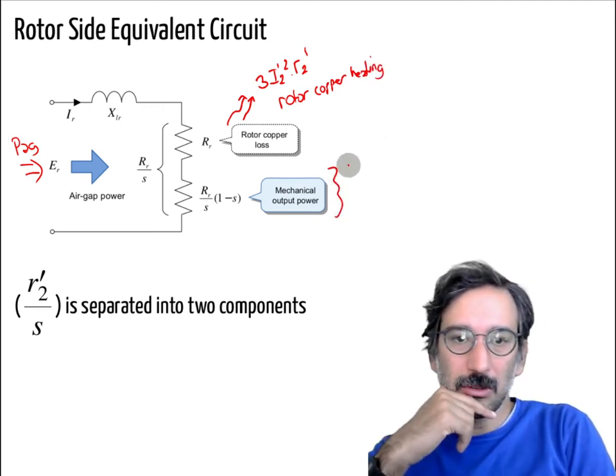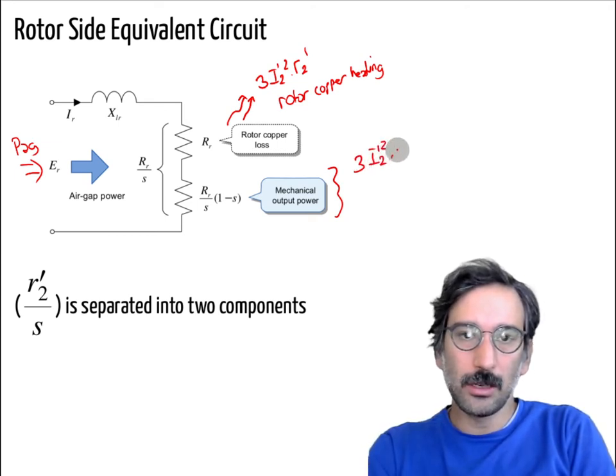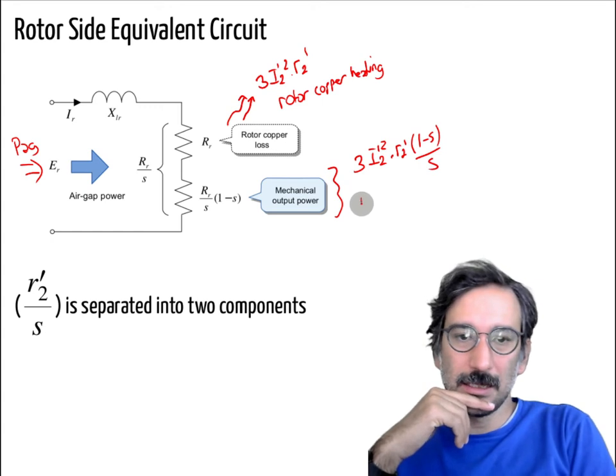Then that component, 3 I2 prime square times R2 prime (1 minus S) over S, is the power converted to mechanical energy.